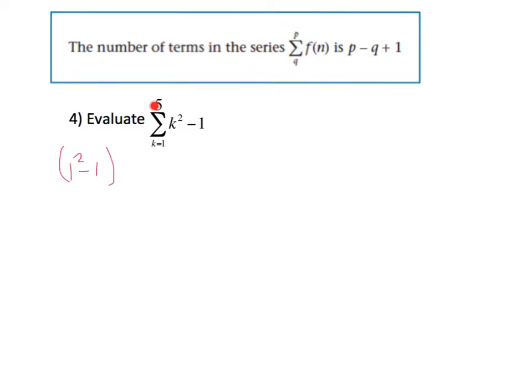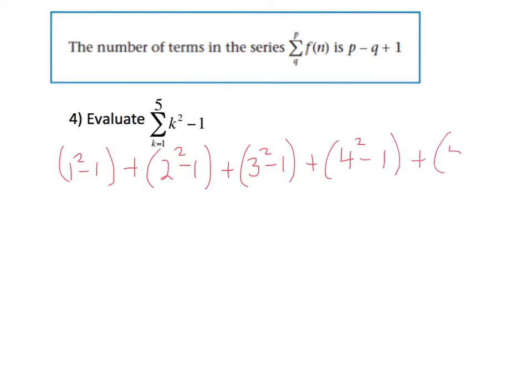Now sigma means sum. So we're going to add that to the second term, the third term, the fourth term, and the fifth term. The second term is going to be 2 squared minus 1. The third term will be 3 squared minus 1. And the fourth term is 4 squared minus 1. And the fifth term is 5 squared minus 1.